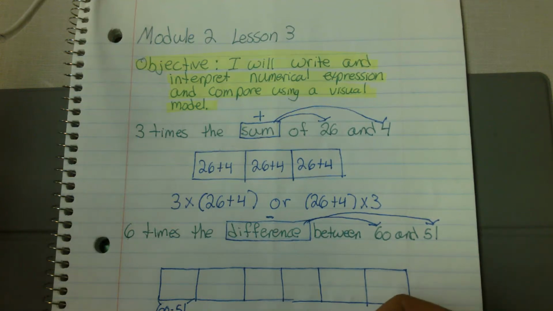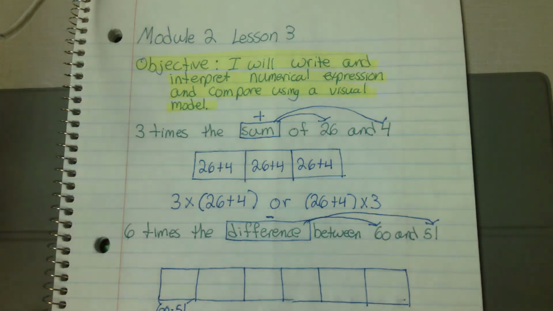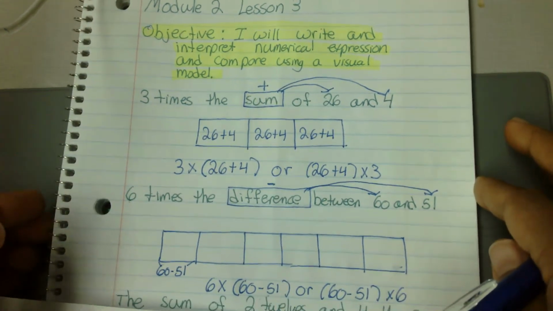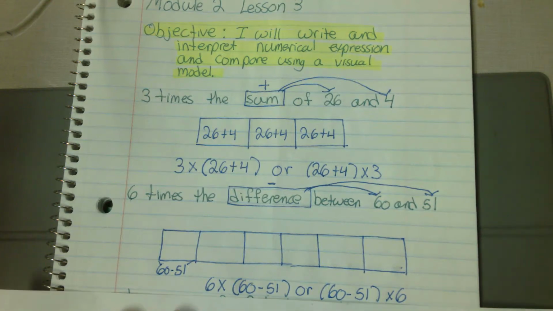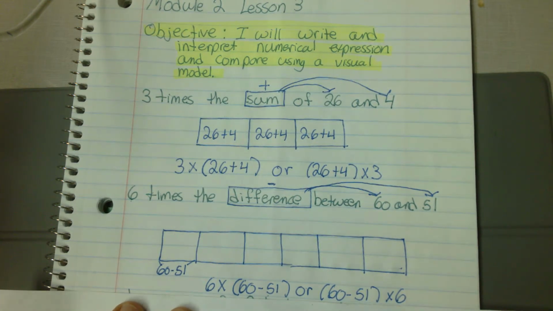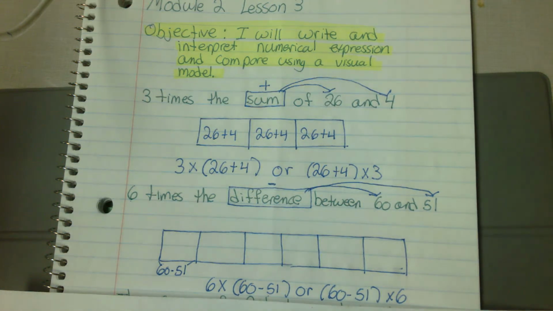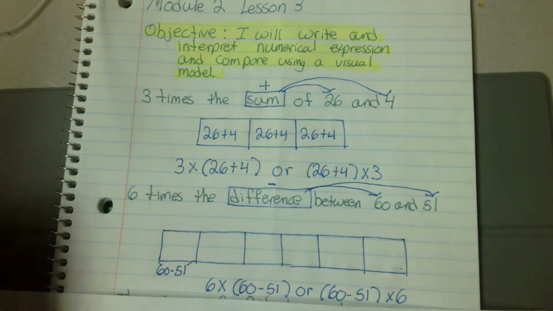Or again, I could do 60 minus 51 times 6. And we always do those parentheses. Oops, sorry, you could not see what I was writing there. So 6 times 60 minus 51. So it's 1, 2, 3, 4, 5, 6. I'm going to do it 6 times. Or you can write it as the subtraction first and then do it times 6. No matter what, we do whatever is in the parentheses first.